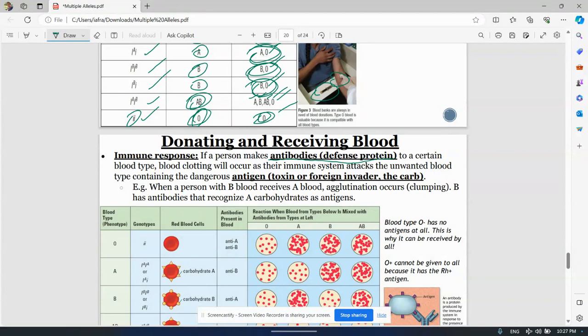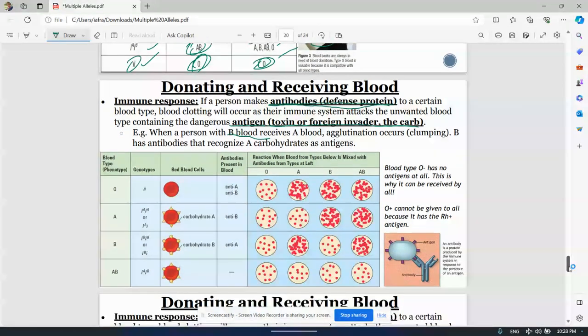Okay, so your immune system produces antibodies to protect itself from things that it's not used to, and those things it's not used to are called antigens. Okay, those are the foreign invaders. So suppose you're a person with blood type B. Let's go to blood type B over here.